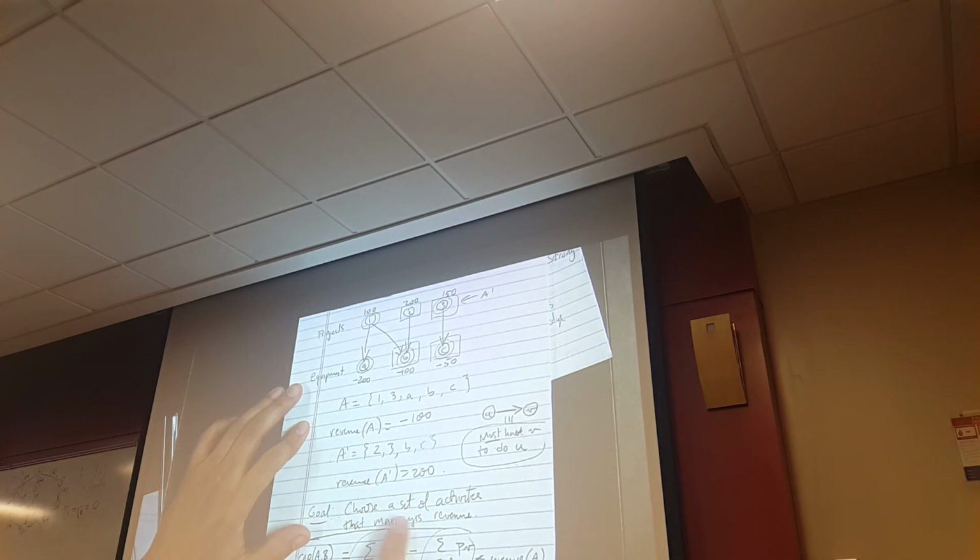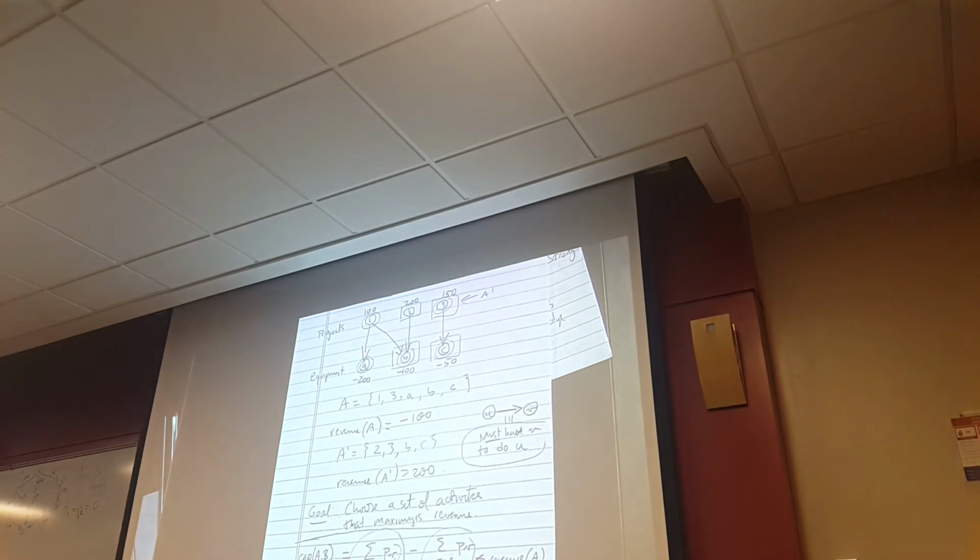What is the value of this first sum? It's 450, right? It's just the sum of all the positive ones. It's just the sum of these guys. It's 450. So just check that this relationship works for this example.